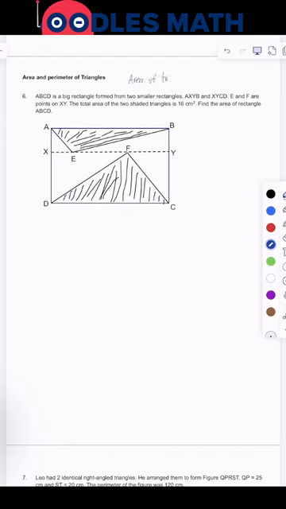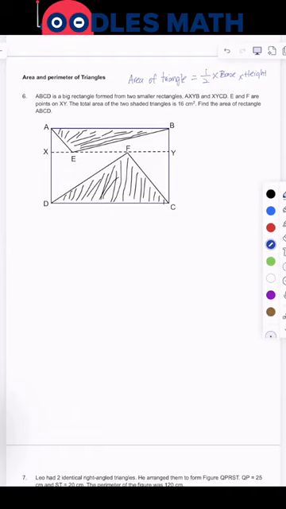The formula to find the area of a triangle is half base multiplied by the height. Remember, the base and the height in this case must be perpendicular to each other. Alright, so must remember that.